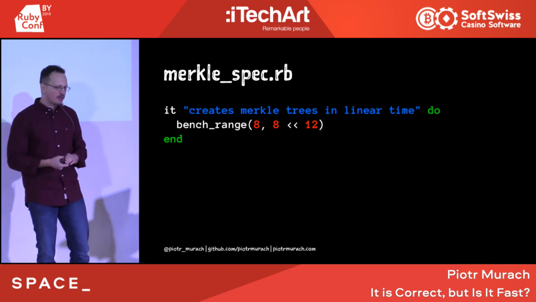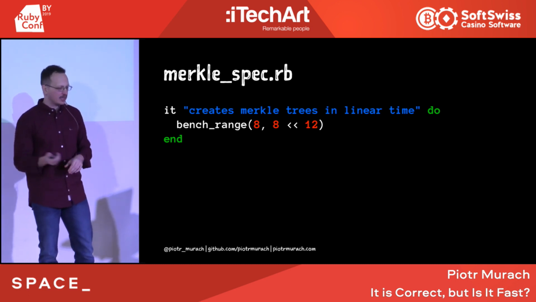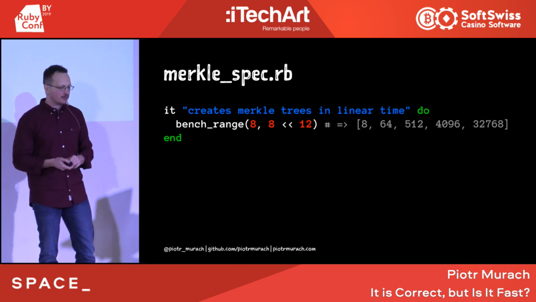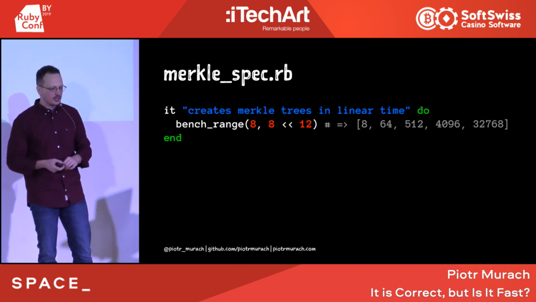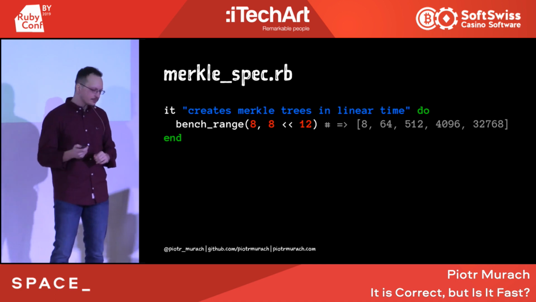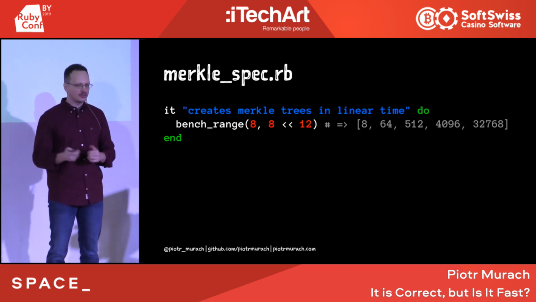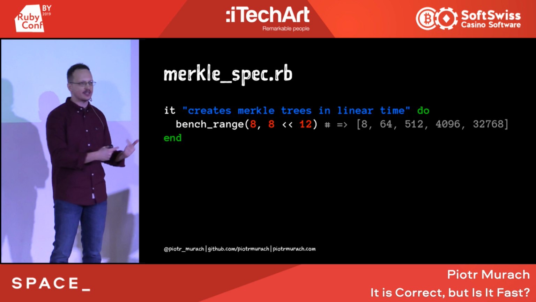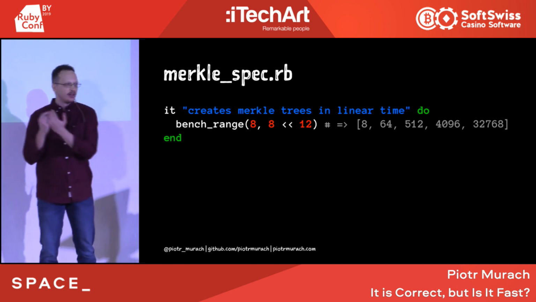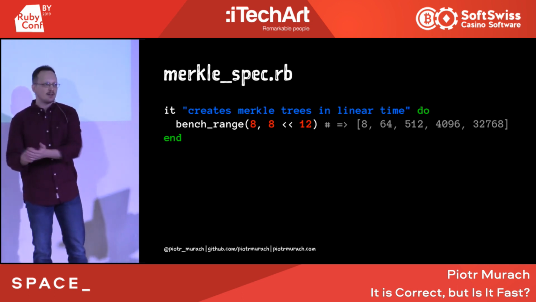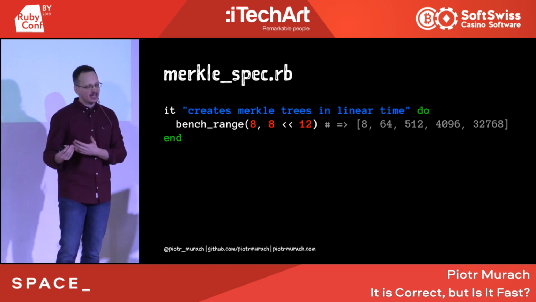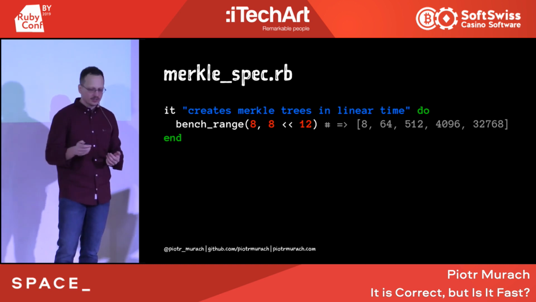I provide you with a bench range helper to make that simple. In this case, we're going to produce those data points that grow exponentially. And the next step is to translate those points into what the Merkle tree understands. So for instance, if a file understands bytes, a Merkle tree understands nodes. So let's translate that.